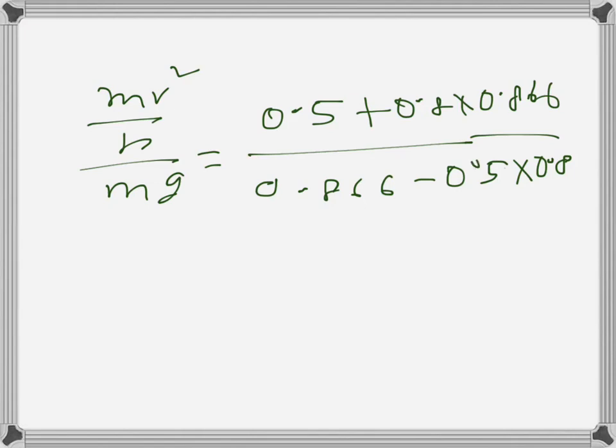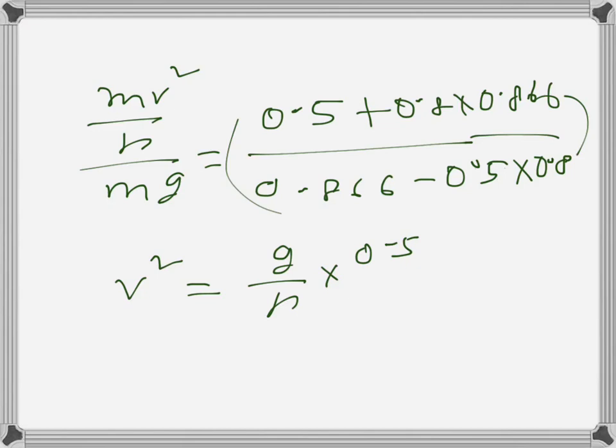So m is getting cancelled, and v squared will be g times r times this ratio. G is gravitational acceleration, which is 9.8, and r is the radius of the track, which is 50 meters. Taking the square root, we get v to be 35.4 meters per second.